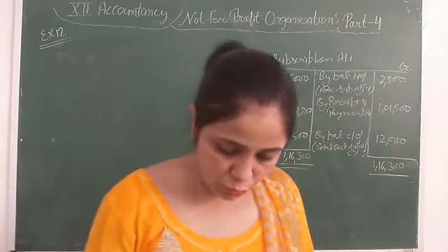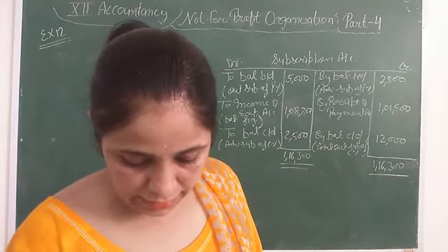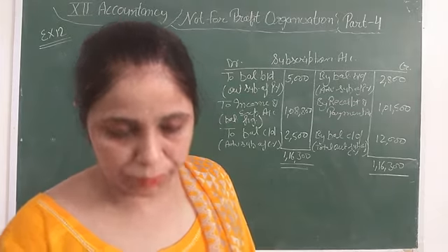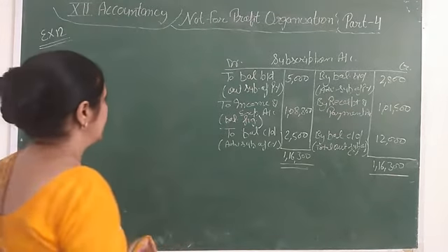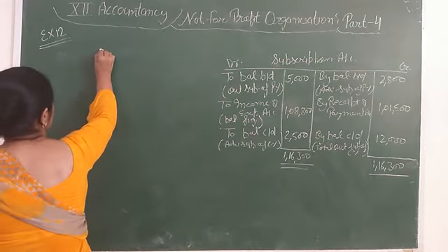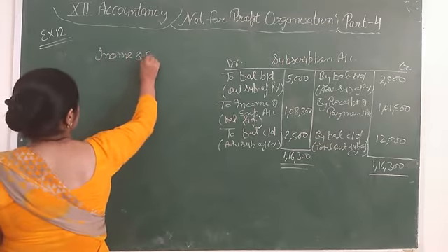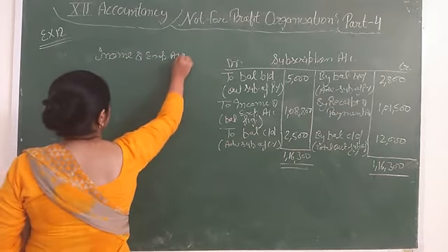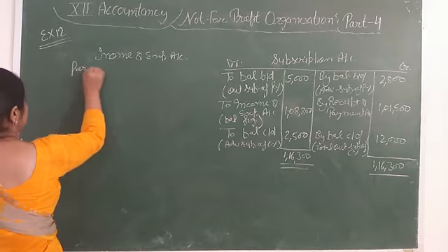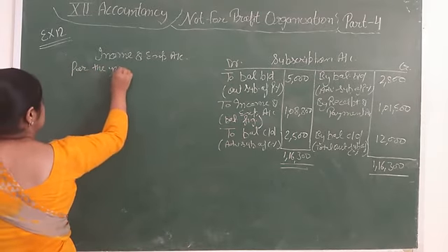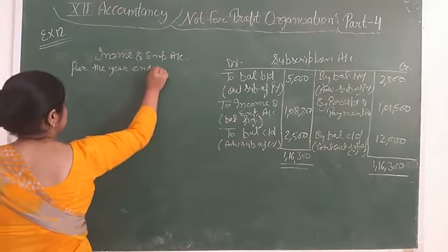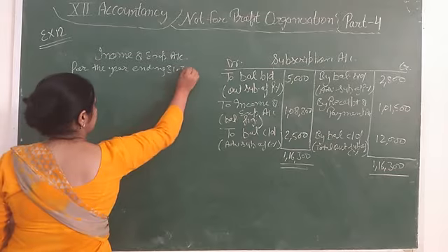But we have to prepare the income side and balance sheet of both years, 2015 and 16. So prepare all three statements here. Income and expenditure account for the year ending, it is of the current year.